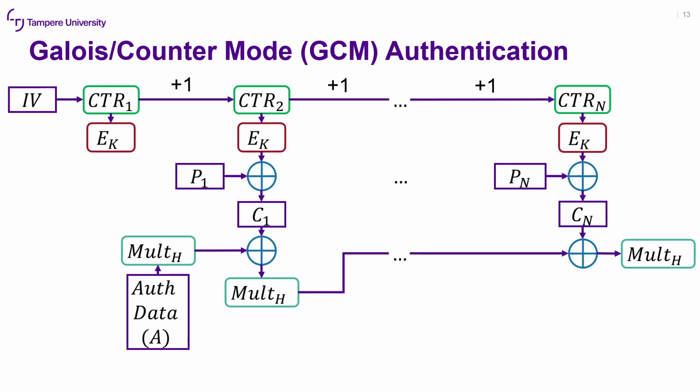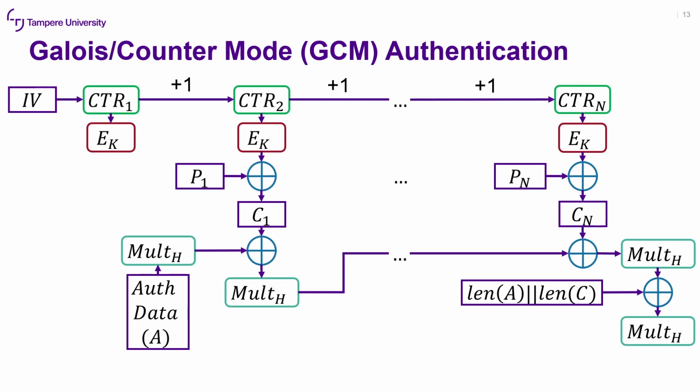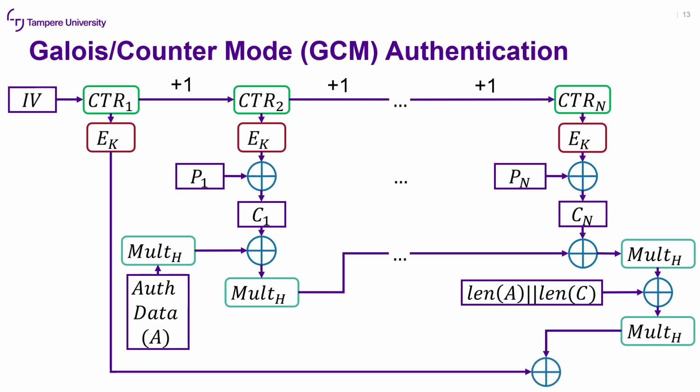Then, as the final steps of this operation, we find out the length of A, which is the length of the data that we inputted, as well as the length of C, namely how many ciphertext blocks we need. From that, we XOR the latest multiplication with this new data, multiply it again in the Galois field, and then XOR it with the very first encryption of the very first counter we did. And this ends up producing our authentication tag.